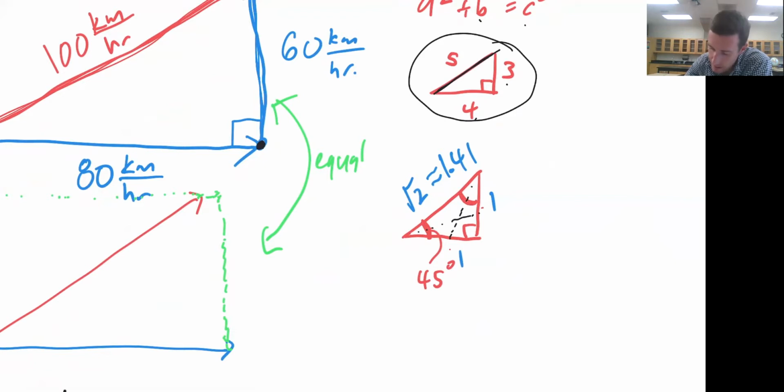And so I'd say this side is 1, right? Let's give it a measurement of 1, and this side is 1. And then 1 squared plus 1 squared, take the square root, is the square root of 2. And a square root of 2 is about 1.41. So another option is if it's a 45-degree triangle, it's going to be 1, 1, and 1.41, or the square root of 2. All right.